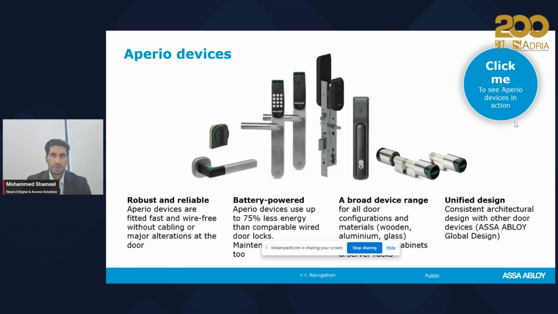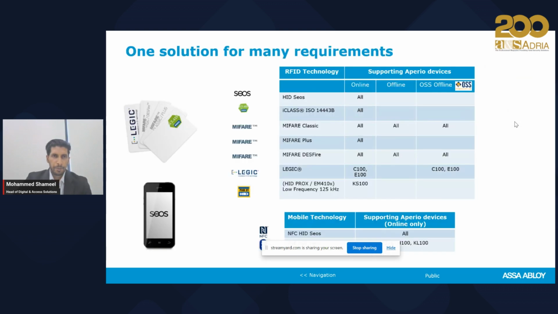And the users or the staff could go with a single card or credentials across all these types of readers. Now, Aperio basically supports all the high-frequency credentials available out in the market, and a few models support the legacy low-frequency card as well.